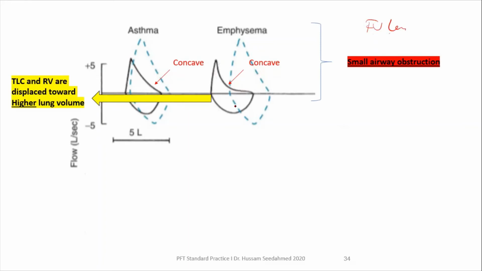Usually the loop will be displaced to the left اللي هو toward higher lungs اللي هو toward the TLC. دائما هتلاحظ انه in obstructive lung disease the loop will be shifted or will be displaced toward the TLC لانه because they are breathing with higher lung. الTLC في الobstructive بيزيد. So this is regarding the 2 points in the flow volume loop.